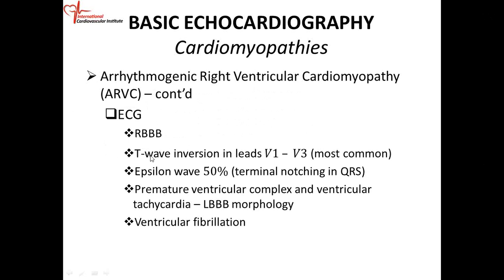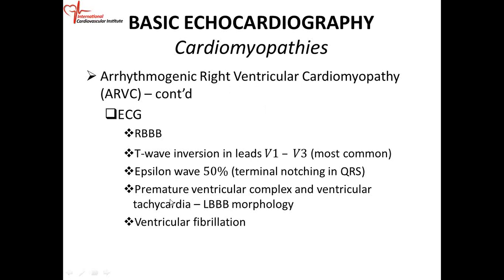You commonly get T-wave inversion in V1 through V3, okay? And we talk about the epsilon wave, which occurs in about 50% of these individuals. It's a terminal notching in the QRS. So we're going to show you what it looks like. If they mention epsilon wave, it's usually arrhythmogenic right ventricular cardiomyopathy. But T-wave inversion in V1 through V3, epsilon wave, you commonly also get premature ventricular complexes and ventricular tachycardia.